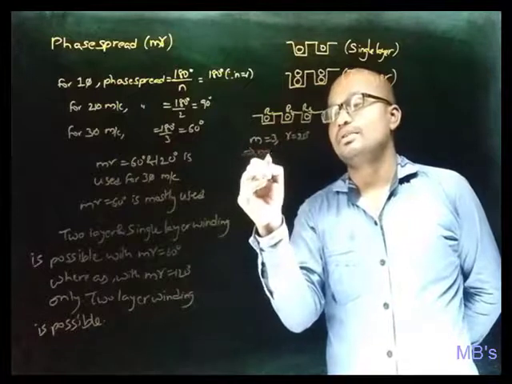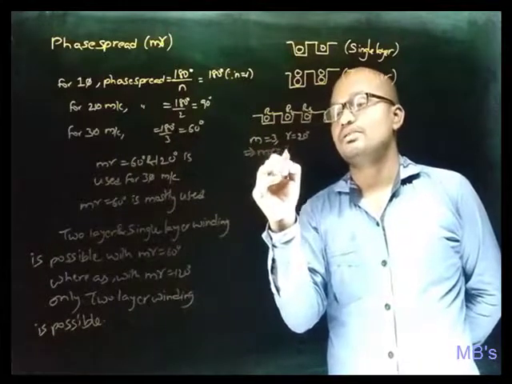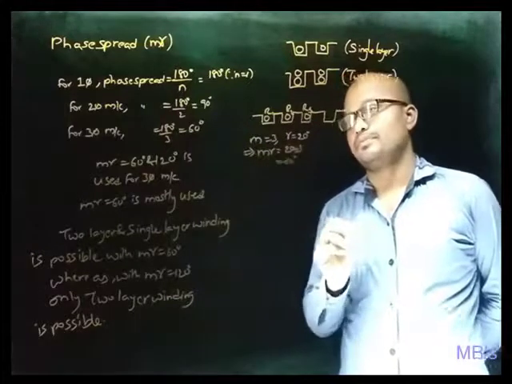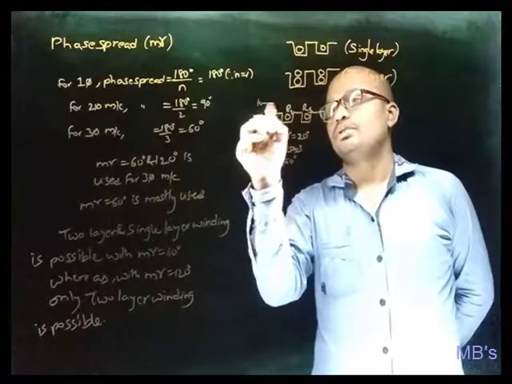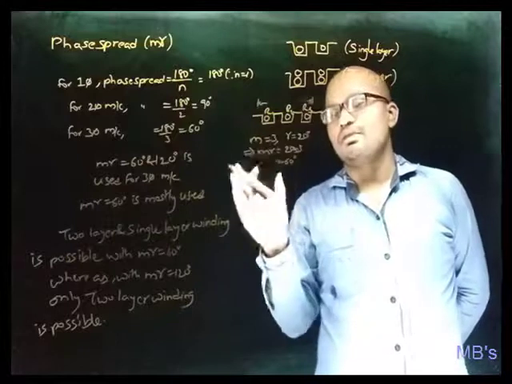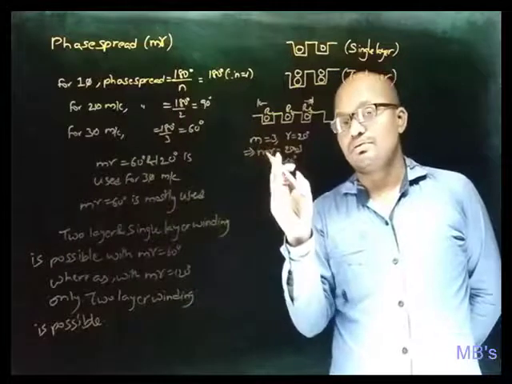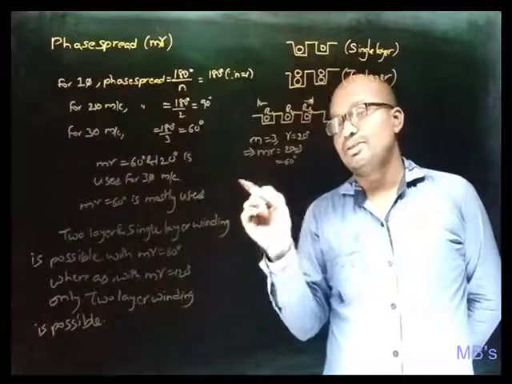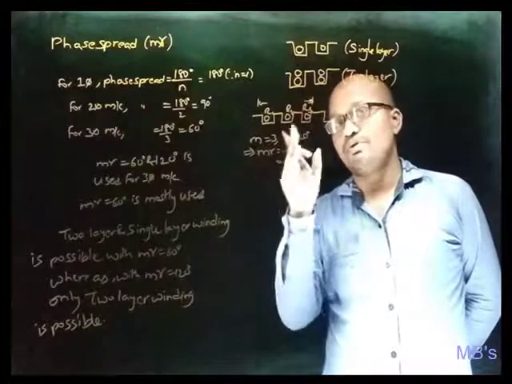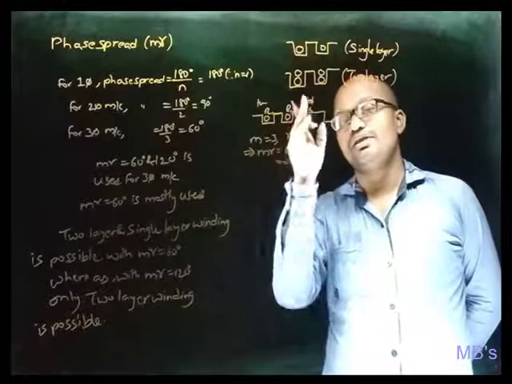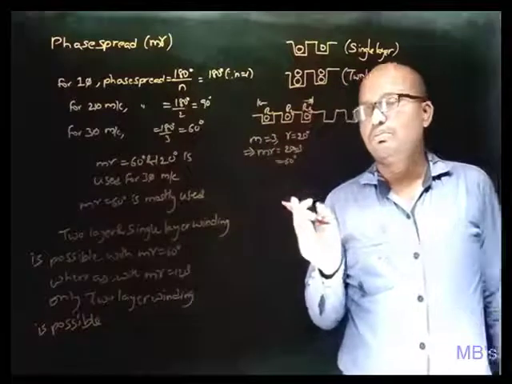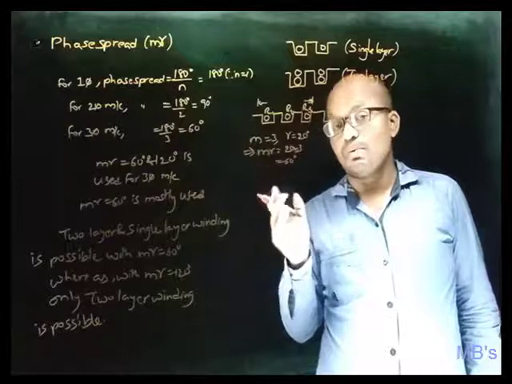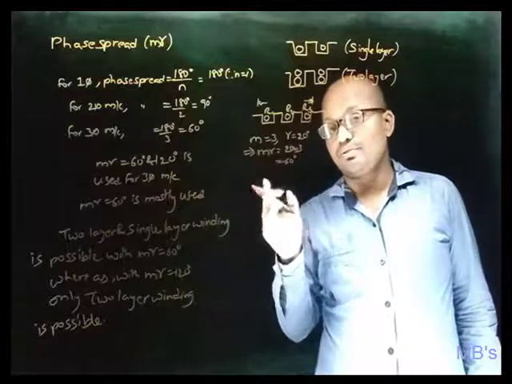Then phase spread of R phase is here 20 into 3, that is equal to 60 degrees. So for a 3-phase machine, phase spread of 60 degrees or 120 degrees are employed, but of that 60 degrees is preferred because 2-layer windings are possible and single layer winding is also possible. The other most important point here is with phase spread of 60 degrees, output will be more when compared with the phase spread of 120 degrees.